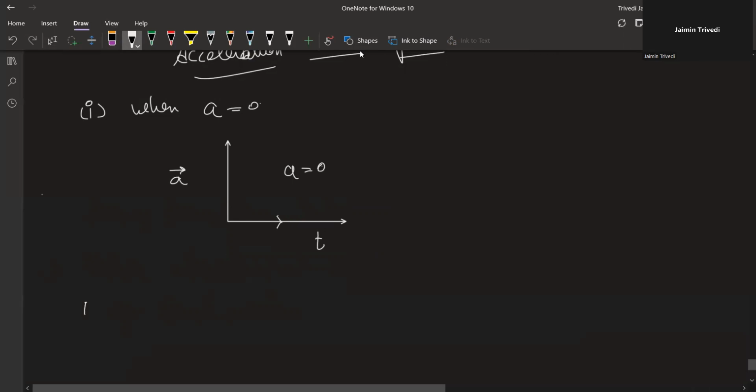Now the second one, acceleration is constant. How to represent constant acceleration? A straight line.